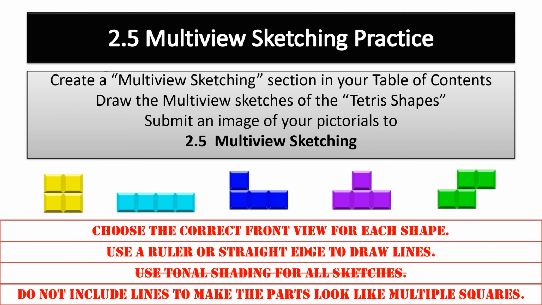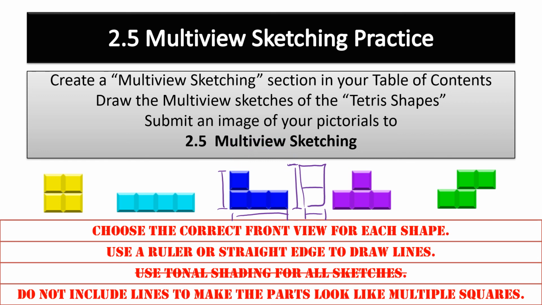If you're looking at the front, you're looking at the height and the width. If you're looking at the right-hand side, you're looking at the height and the depth. And if you're looking at the top view, you're only looking at the width and the depth. So you want them to be two-dimensional.